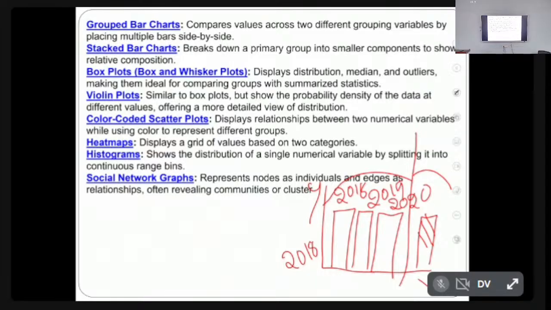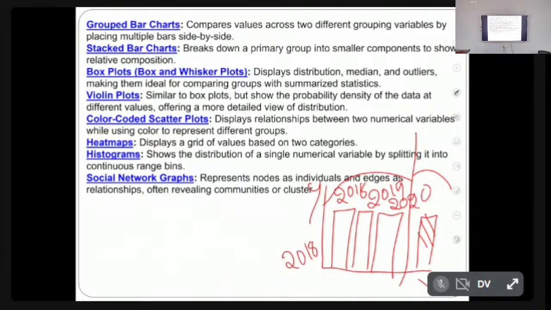Next one is violin plots. These are similar to box plots, but show the probability. What does it do?